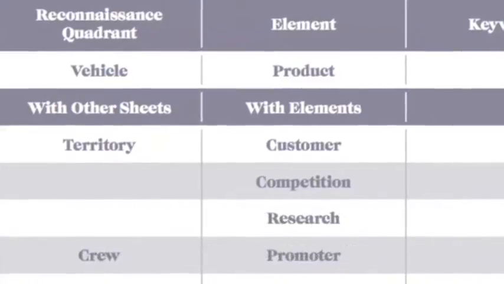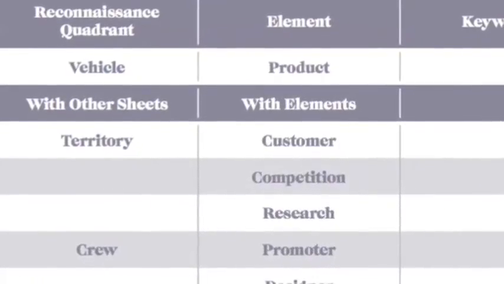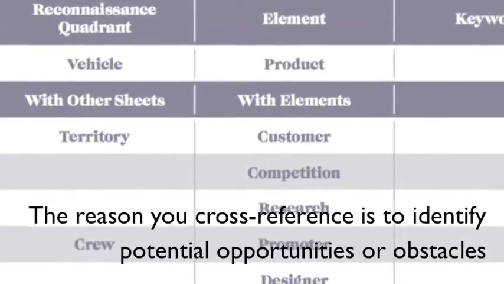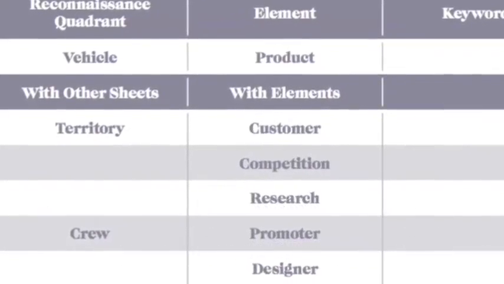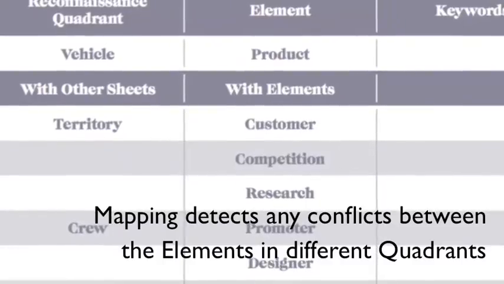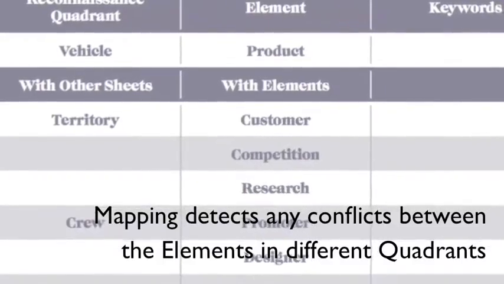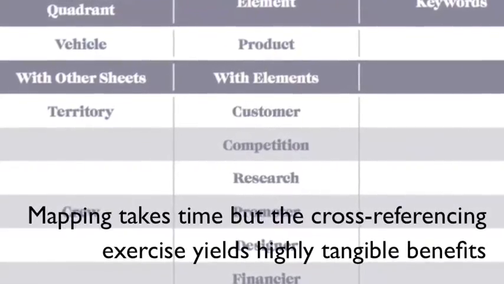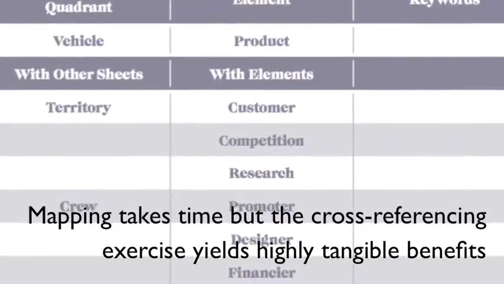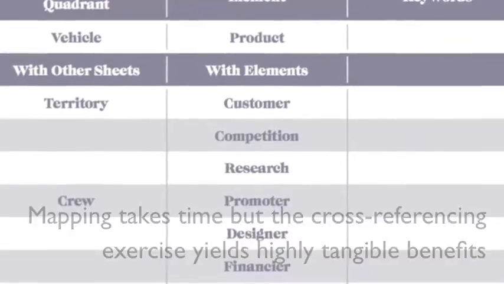These are customer, competition and research from territory. Plus, I've identified relationships between my product from my vehicle quadrant with the promoter and designer and a financier from my crew quadrant.